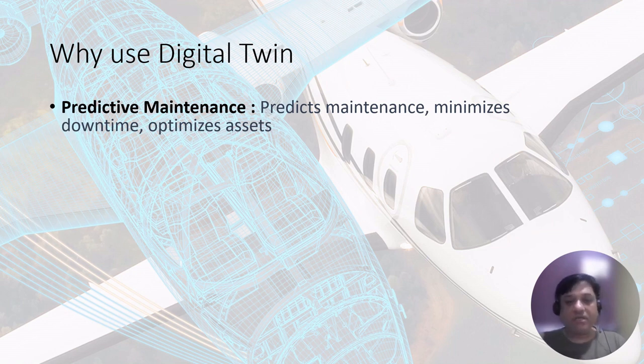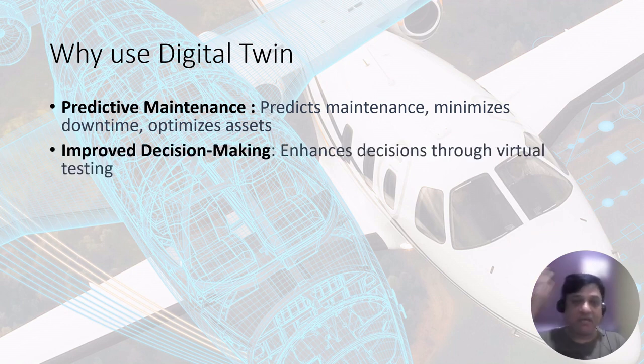The second one is improved decision making. The digital twins provide a virtual platform for testing different scenarios and strategies. This allows organizations to make informed decisions based on the simulations and analysis, reducing risks and improving outcomes.